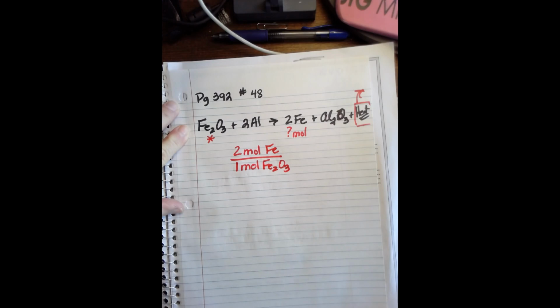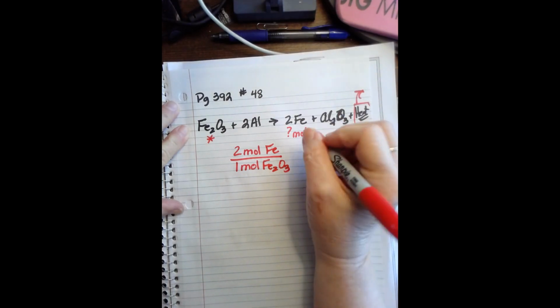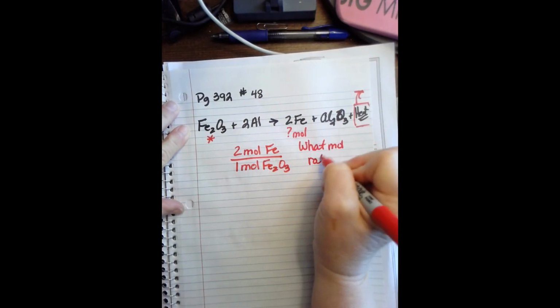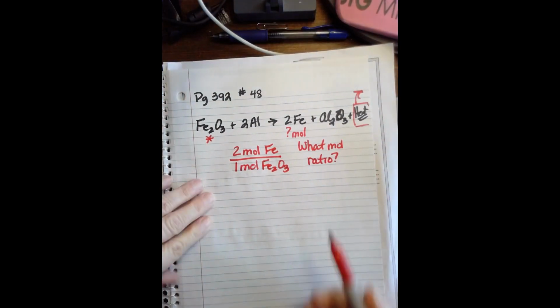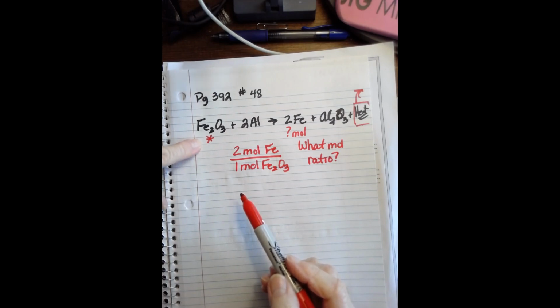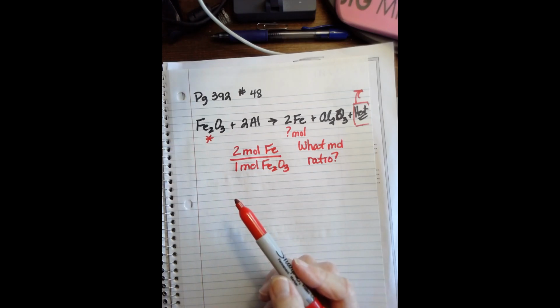All right? So that is the answer to this question. What mole ratio is required to solve this problem? Now, we don't know the number of moles here, so we can't actually solve anything, but this is the mole ratio that would solve the problem.